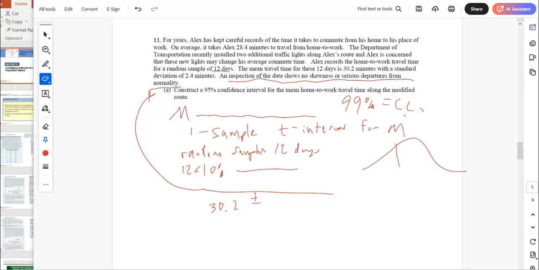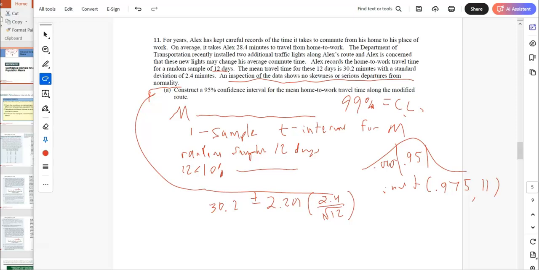To figure out the t critical value, this is 95%, so 0.95, so 0.025, so inverse t of 0.975, comma, a sample size of 12, so degrees of freedom is 11, and that should give you something around 2.201 when you type it in your calculator. And then the standard deviation, 2.4 over square root of n, which is 12. So that should give you this interval.